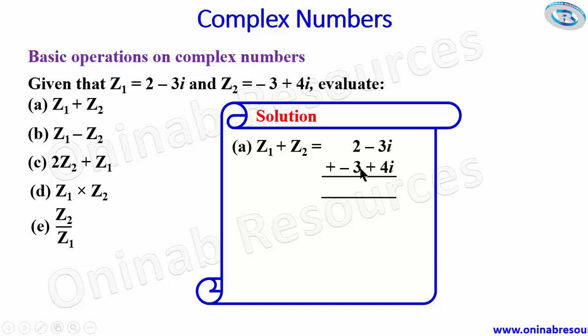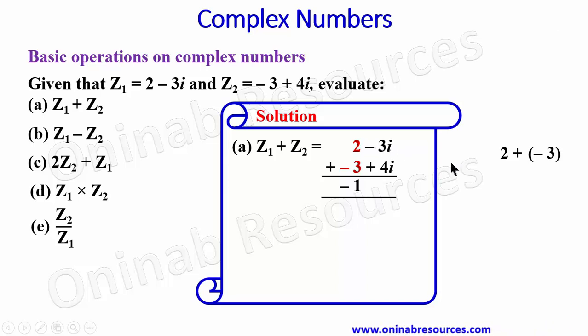So what we do here, in our addition, we add the real parts and also add the imaginary parts. So for the real part, we have 2 plus negative 3. Remember, positive times negative gives negative. So 2 plus negative 3 gives 2 minus 3, which gives negative 1.